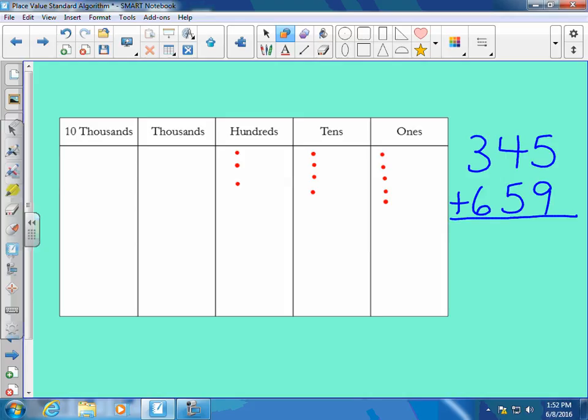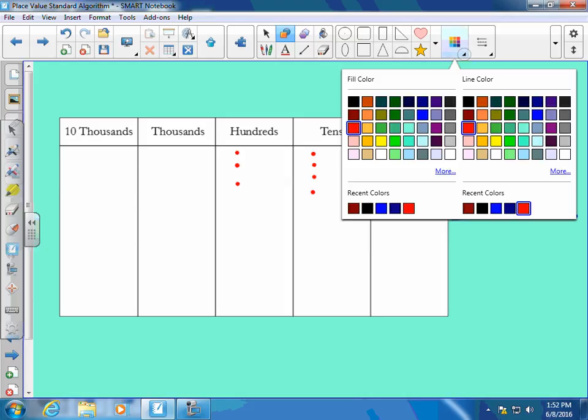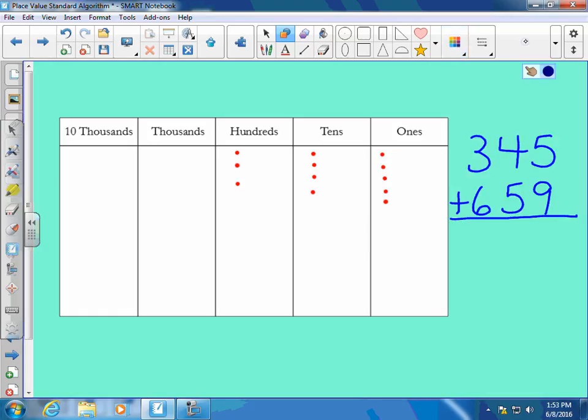Then we're going to change our color up, and we had 9 ones... and we had 6 ones... 6 hundreds.